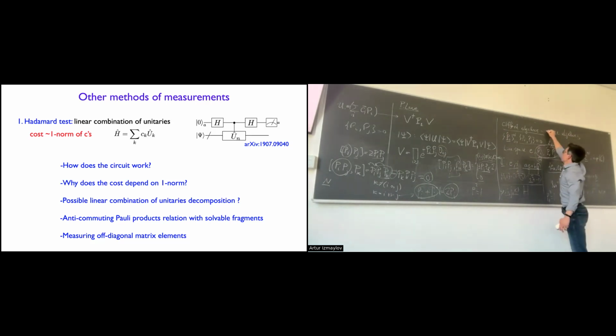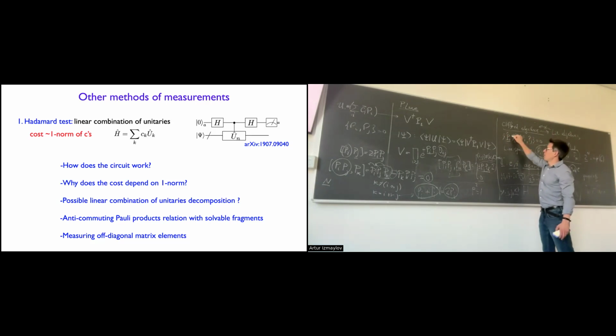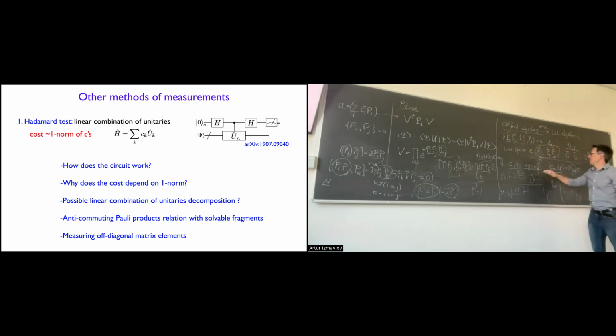It works this way. Unfortunately, it doesn't work the other way. Meaning that if you have the algebra, that doesn't mean necessarily that you can find anti-commuting Paulis and their products that would correspond to that Lie algebra, right?